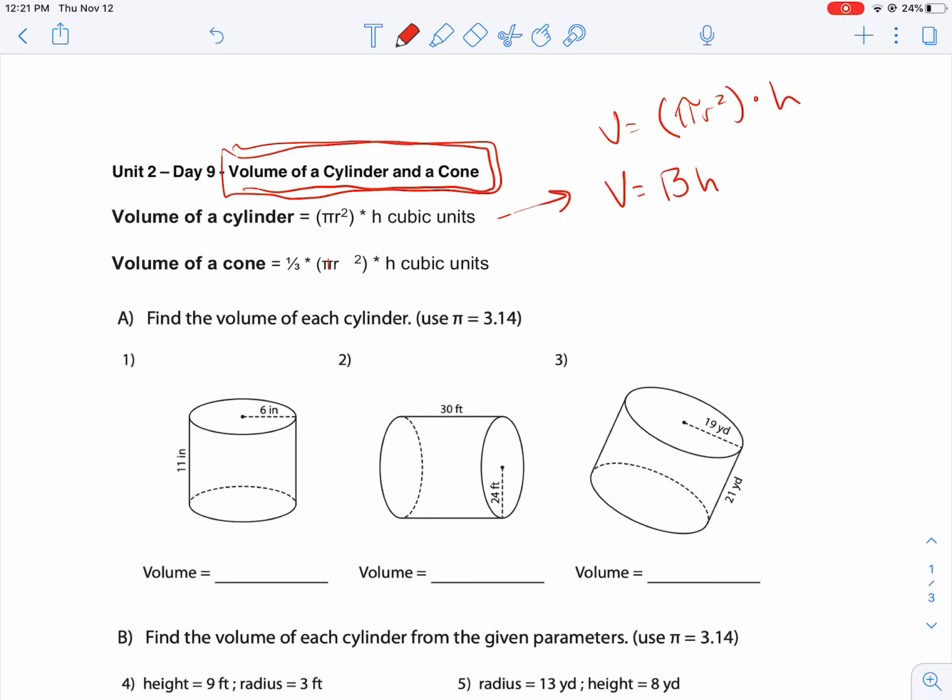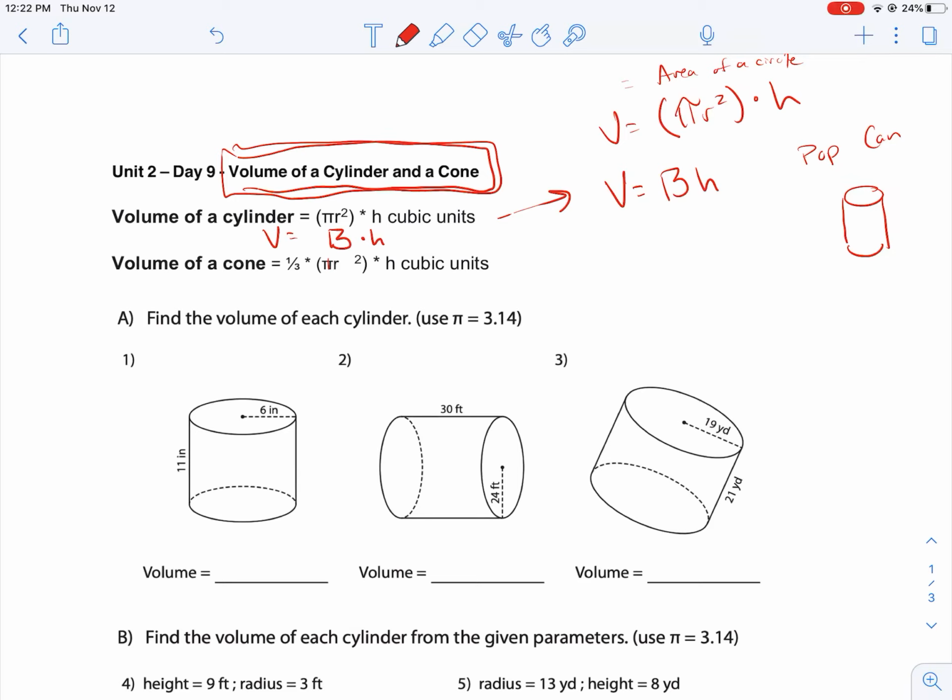When you think of a cylinder, think of a pop can, or maybe a jar of oatmeal, something where you have a circle as a base. That's why our volume here is big B times little h. Our big B here is the area of a circle. Once you find that, multiply it by the height, and that's the volume of a cylinder.